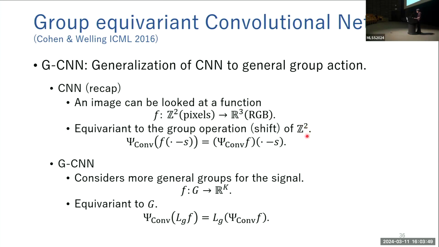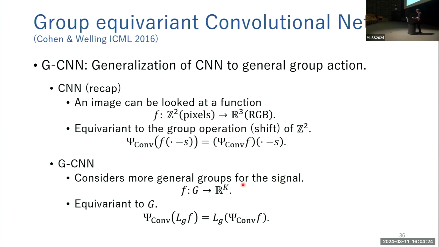And the equivariant layer: the group operation here is Z^2, the additive or translation operation. Equivariance means that shifting f and applying the convolution layer is equal to applying the convolution layer and shifting after that. This is equivariance.